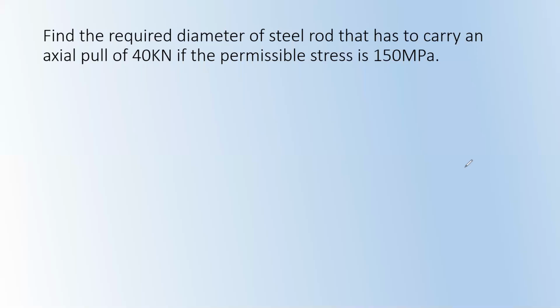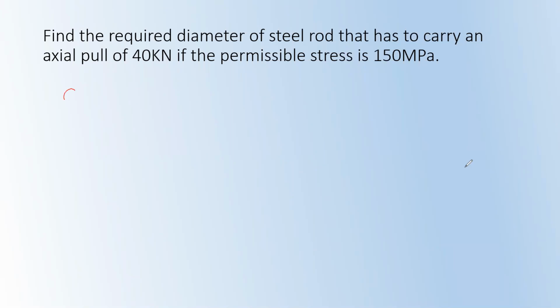Listen here. Find the required diameter of steel rod that has to carry an axial pull of 40 kilonewton if the permissible stress is 150 MPa. Just note the observations carefully. What they say, find the required diameter.